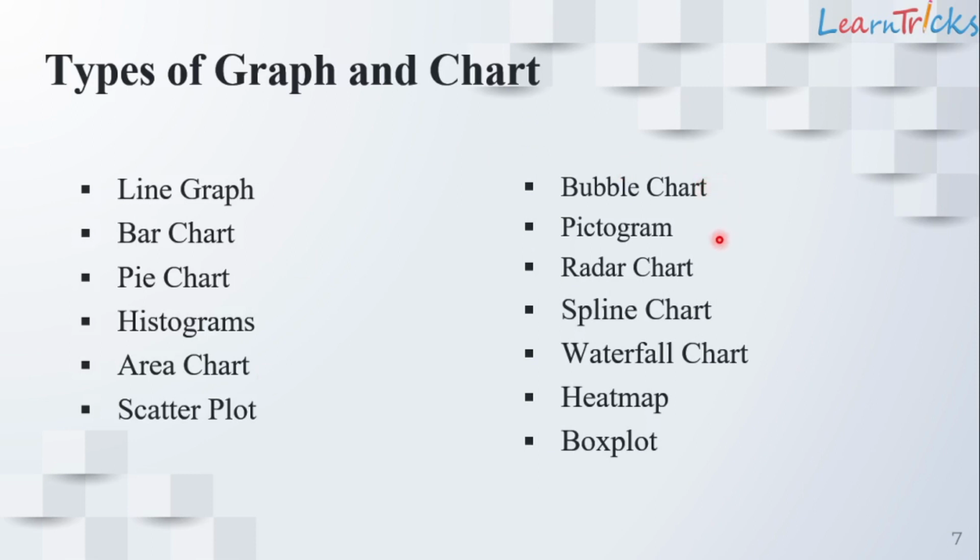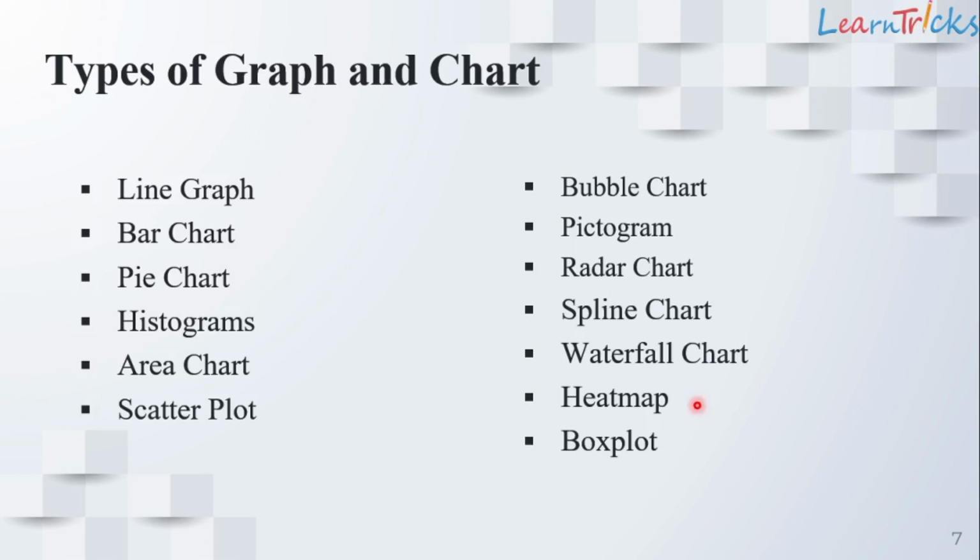Then there are pictograms, where we use pictures for representing the variables. Then there is the radar chart, where we can use multiple variables on a two-dimensional chart. Again there is the spline chart, which gives you a smooth curve. Then there is the waterfall chart, which is used in accounts and commerce.